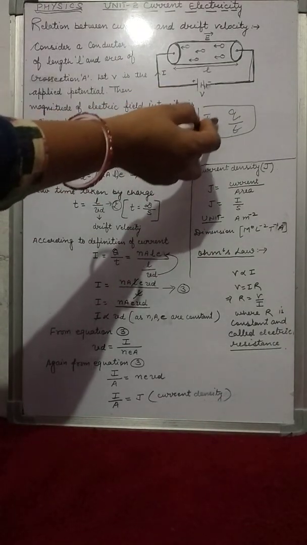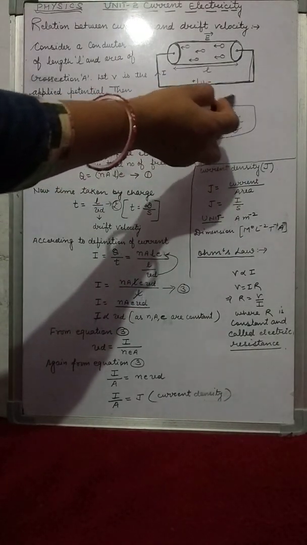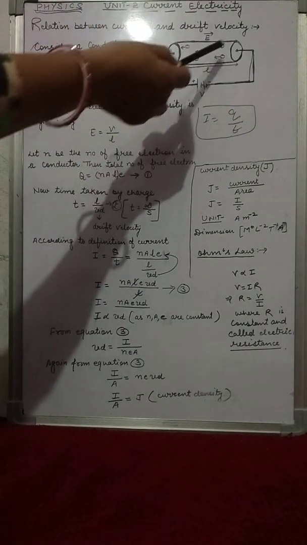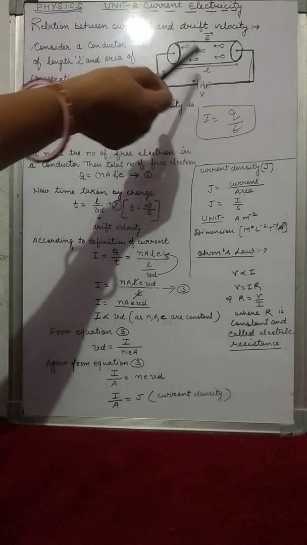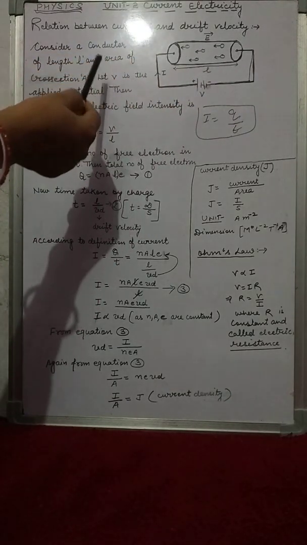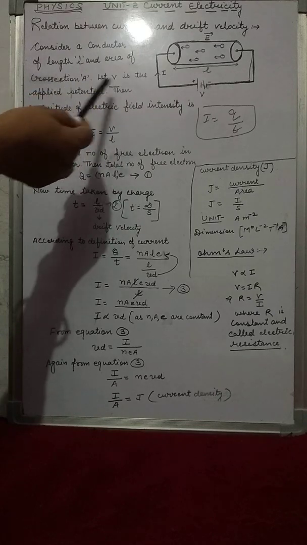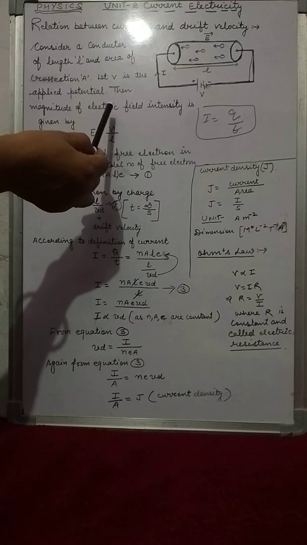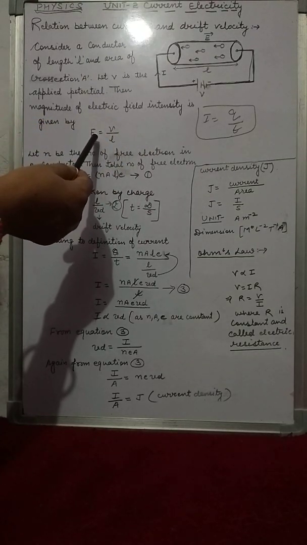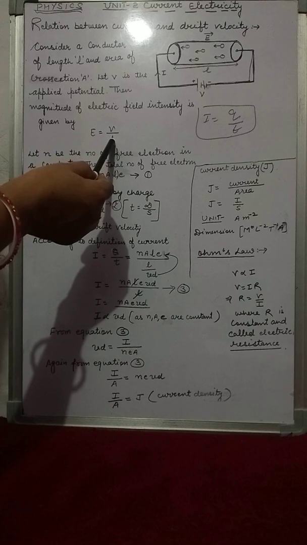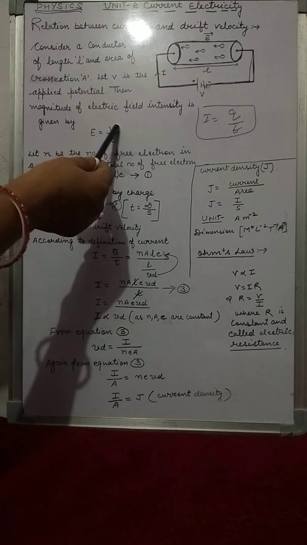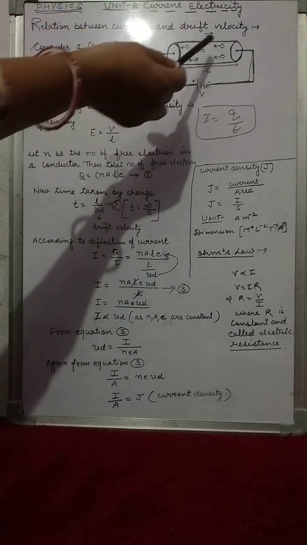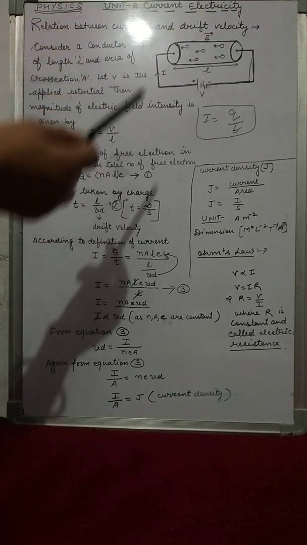First of all we have to calculate the total charge in this conductor. We have considered this conductor having length L, E is the applied electric field, V is the potential applied. Then the magnitude of the electric field intensity is given by E is equal to V upon L. Now suppose there are n free electrons per unit volume in this conductor.